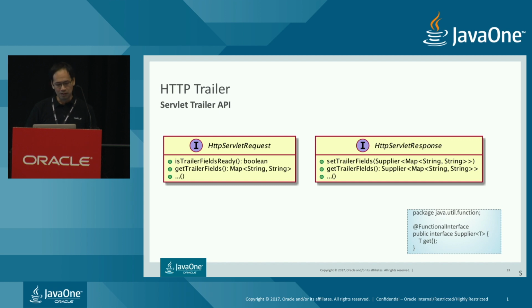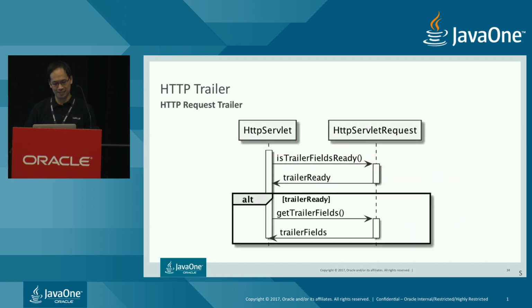Okay, now let's take a look at the HTTP servlet request. Can we just call the getTrailerField without calling isTrailerField_ready? Can we do that? It turns out we cannot, because if you do this, by that time the trailer field may not be ready.